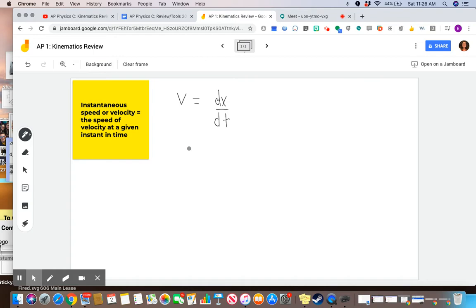We also can find instantaneous acceleration, which sometimes ends up being constant, but if we take the derivative of the velocity function with respect to time, we can find the acceleration at that instant. So a shortcut thing to remember, right?